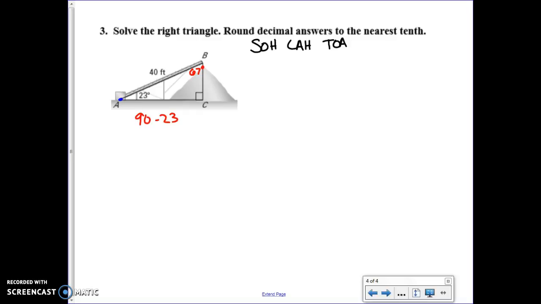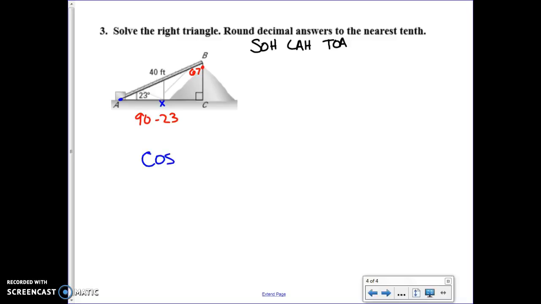I'm going to find side AC. I'll call it X. If I'm finding AC, then I have adjacent and hypotenuse. Adjacent and hypotenuse would be the cosine.